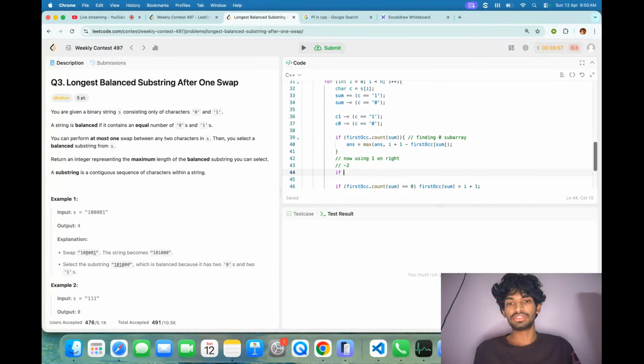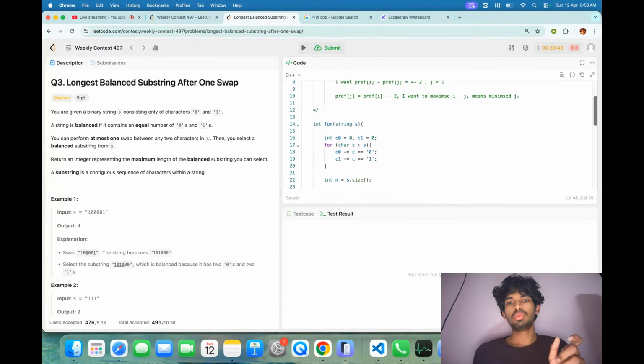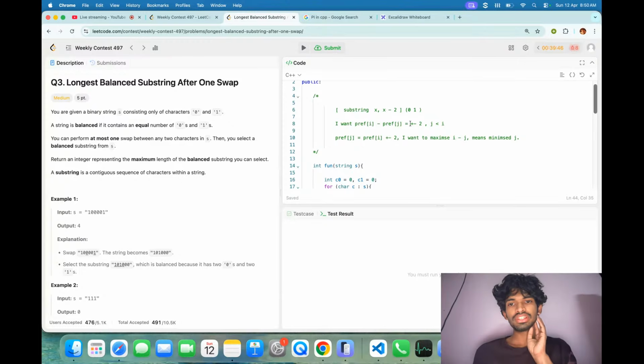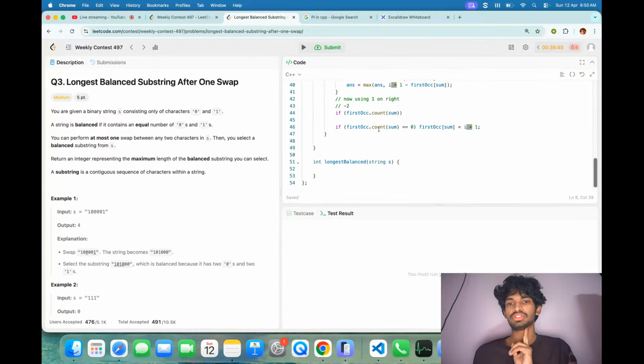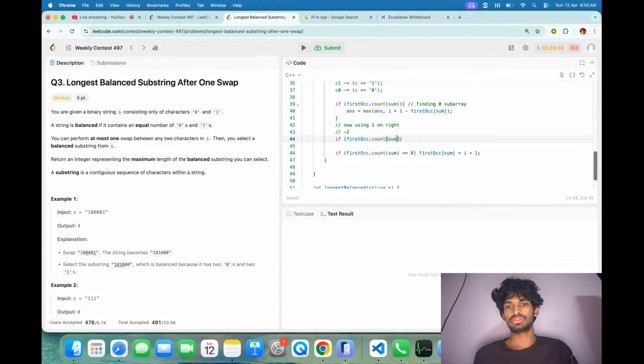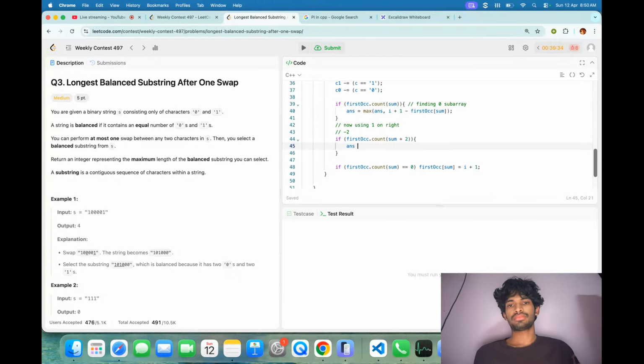So you want the sum to be minus 2, which means pref of j should be pref of i plus 2, it should be sum plus 2. Answer equals max of answer, comma, i plus 1 minus first occurrence of sum plus 2.